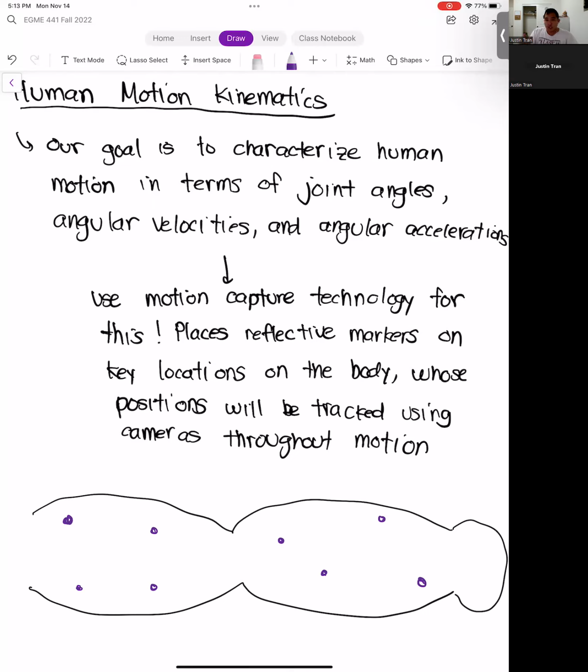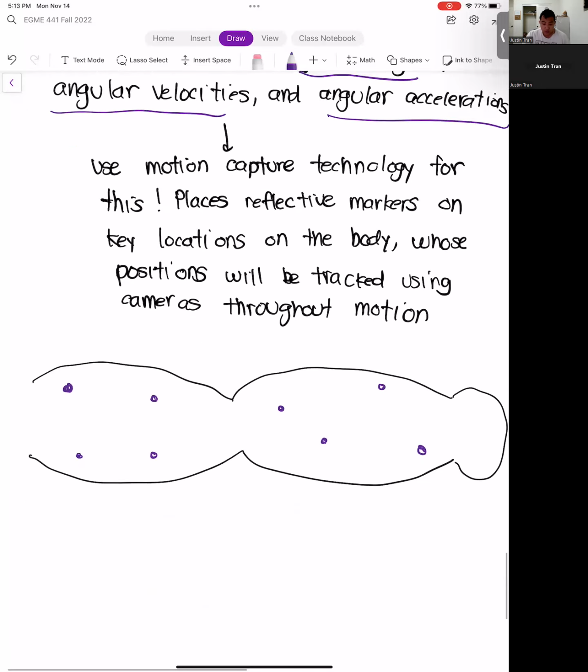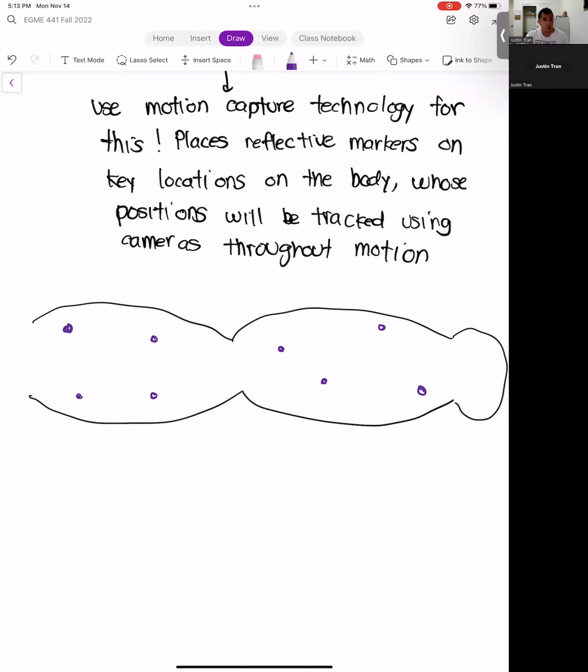We spend most of the time in this section talking about, if we do have this marker information, how do we actually use that to compute our joint angles? Because it's not immediately clear. You can track the markers' XYZ locations using the cameras, but how to actually compute joint angles from these was the subject of our discussion.